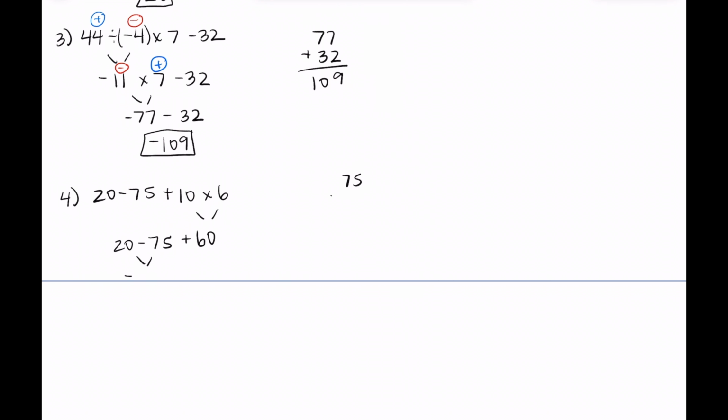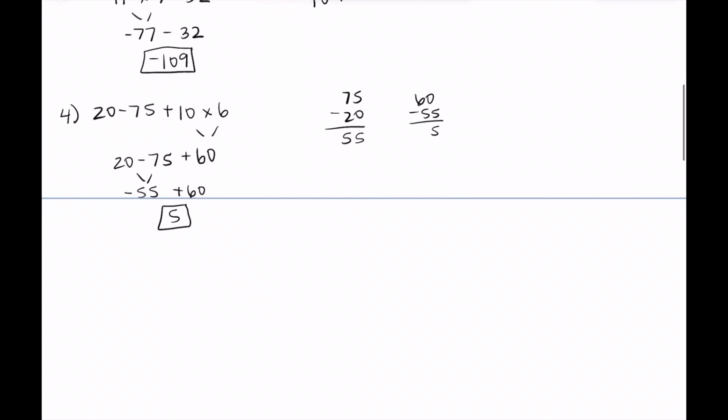If we're subtracting by a larger number. So on the side here, we'll do 75 minus 20, that gives us 55, and we know that that 55 would be negative. So now we have negative 55 plus 60. Adding by negative is the same as subtracting, so we can just do 60 minus 55. And when we do 60 minus 55, we get 5. So 5 would be our answer for number 4.